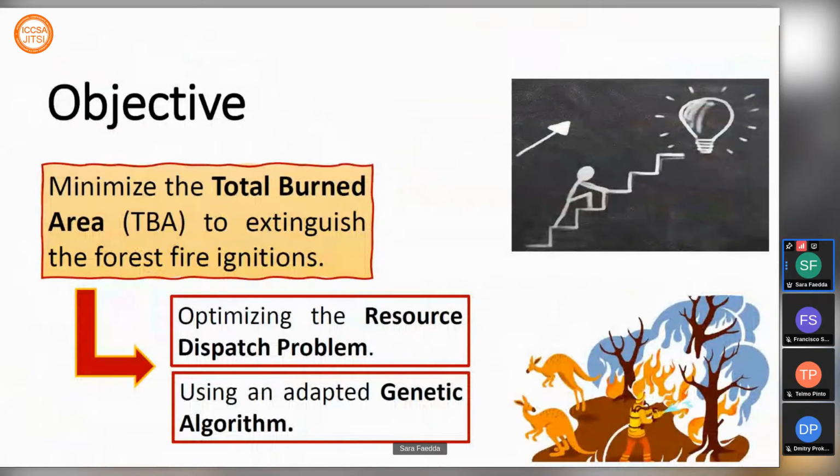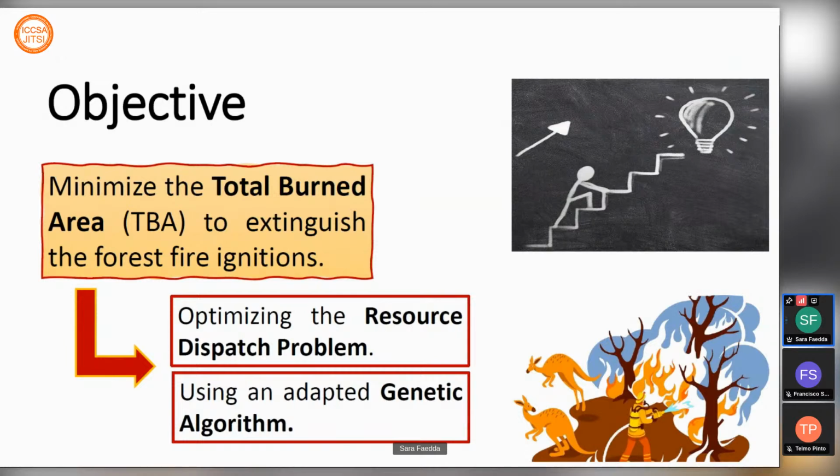So here, what we want to do is to minimize the total burned area, that will be denoted by TBA, when extinguishing the forest fire ignitions. So we have some ignitions that we want to extinguish, and we will decide which resources should go to each ignition and when, in order to minimize the total burned area.